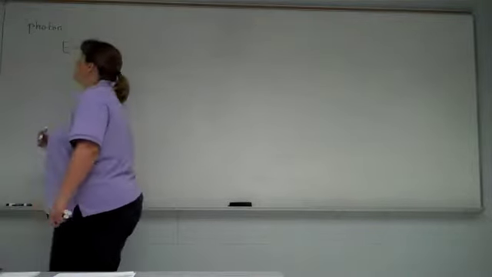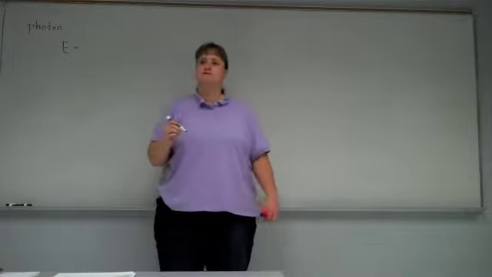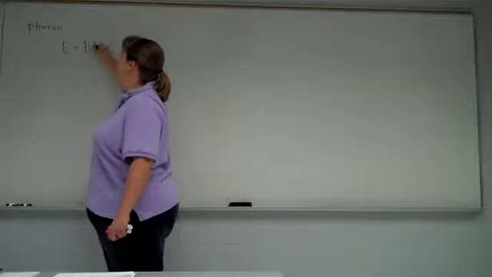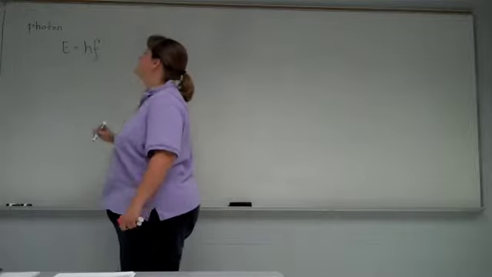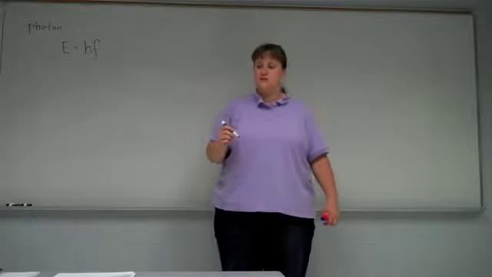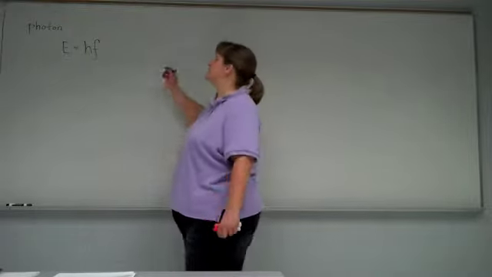The amount of energy any particular photon has is directly related to the frequency of that particular light. It's a simple equation. The energy of a photon is equal to h times the frequency. h is a constant.